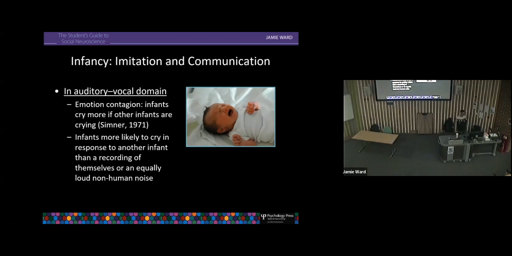And you can study this also with crying behavior, that infants cry more if other infants are crying. And they're also more likely to cry for a tape recording of another baby than a tape recording of themselves, which again, people have debated why that is. The idea is that they can make that sort of discrimination.